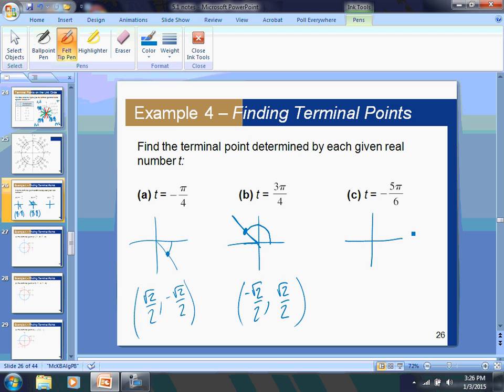So we're doing 5 30-degree increments, and it's negative. So we're going down 1/6, 2/6, 3/6, 4/6, 5/6. So we're right there. Okay? So that's going to be 7 pi over 6, actually, is where it is on the unit circle. Okay? It's 210 degrees.